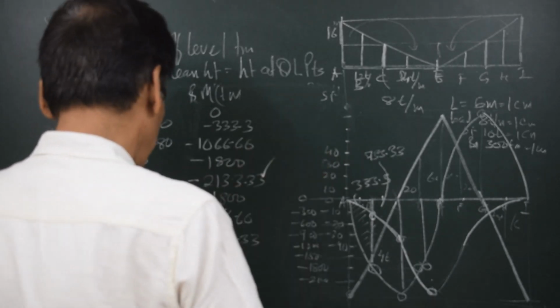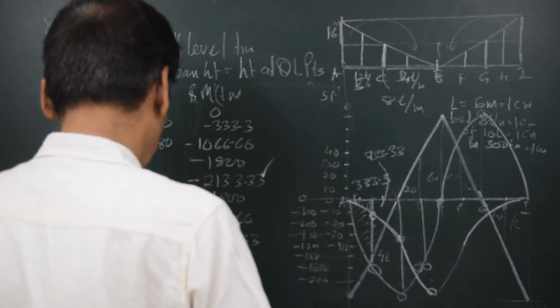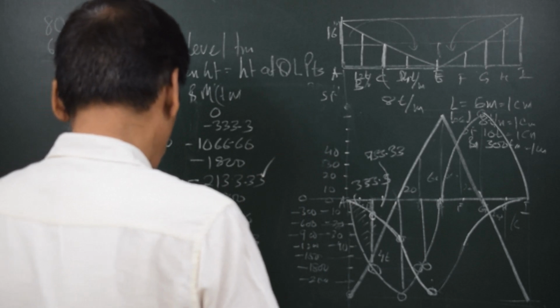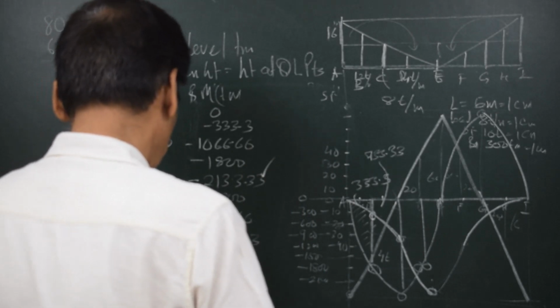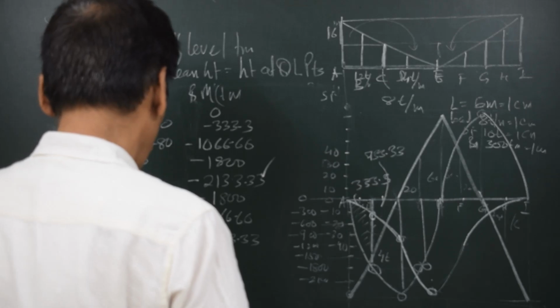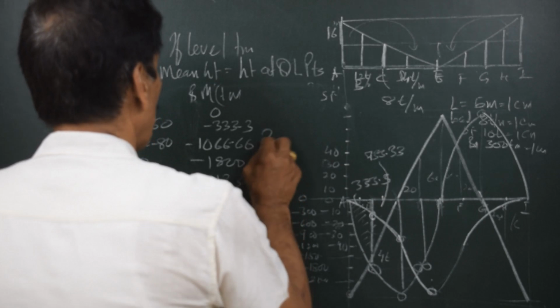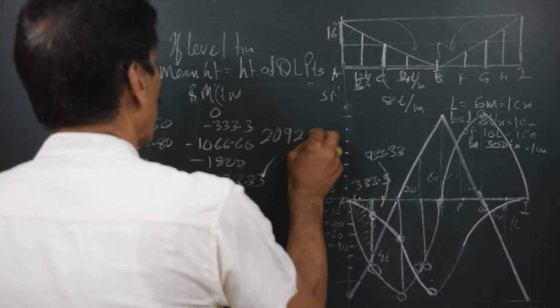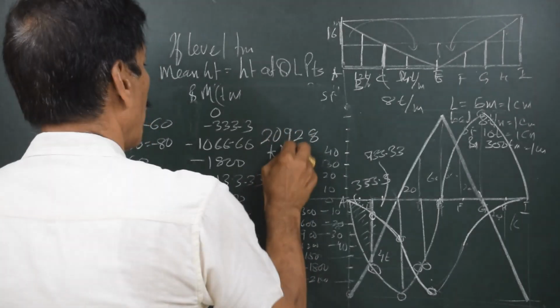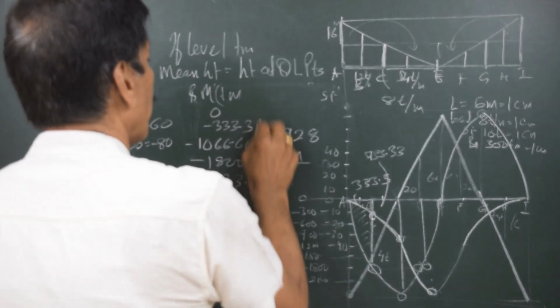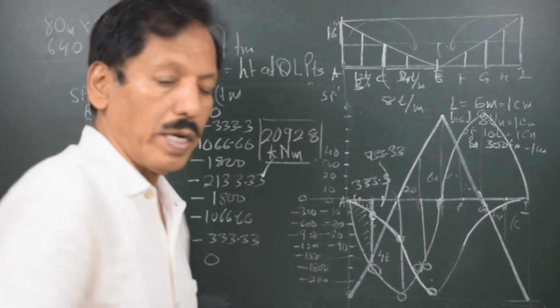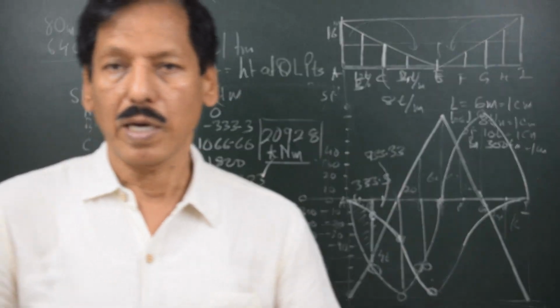And if we want it in kilonewton, then 2133.33 into 9.81 gives me 20927.96. So 20928 kilonewton meter is the maximum bending moment that will be experienced by the barge, and it is hogging.